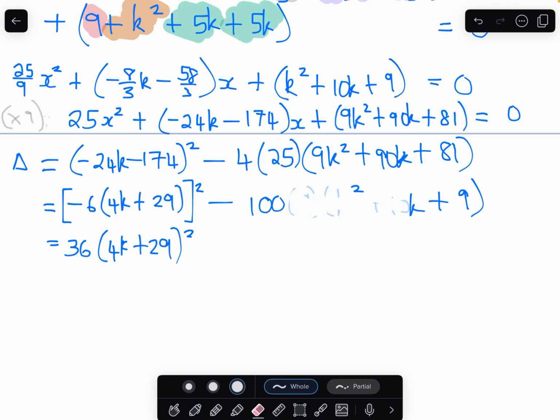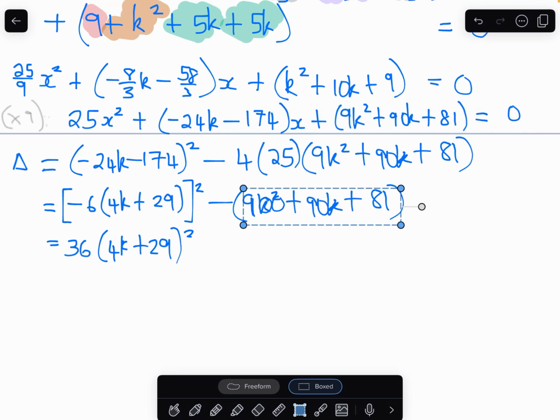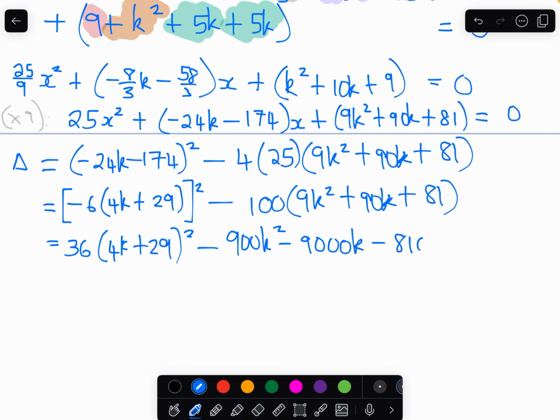So this will be 900k squared minus 9,000k minus 8,100, as the Americans would say.